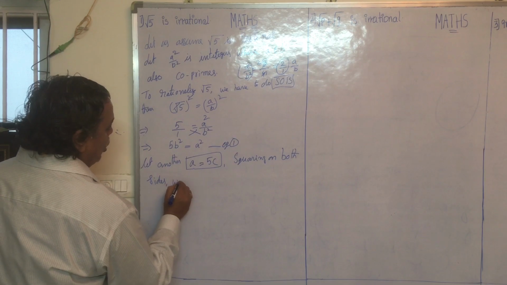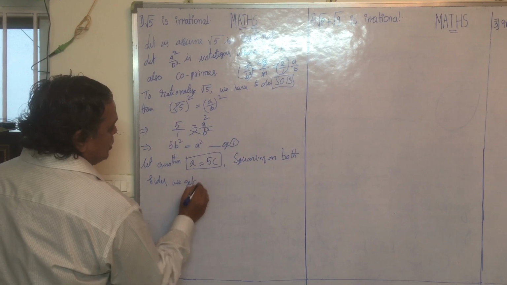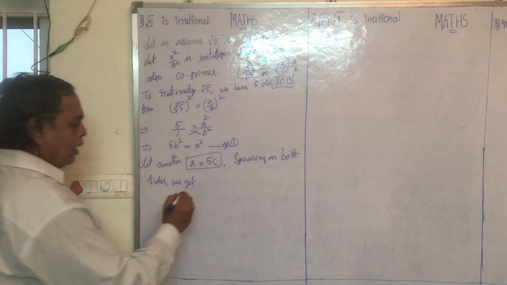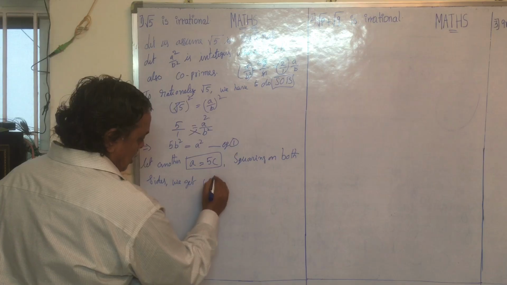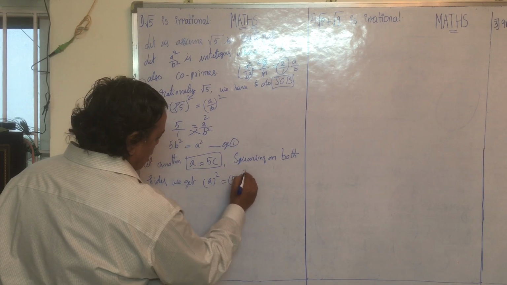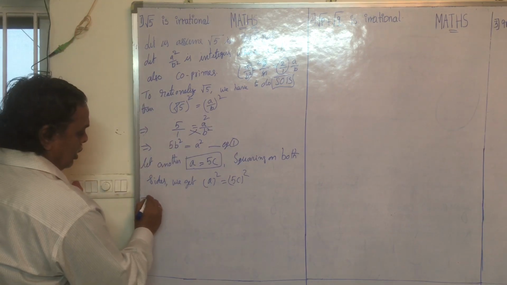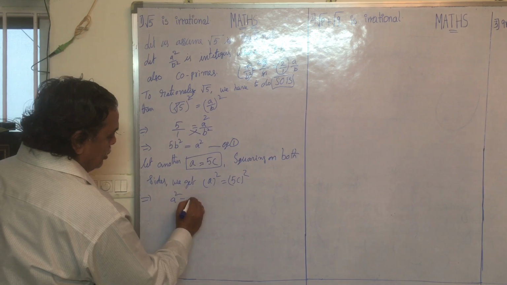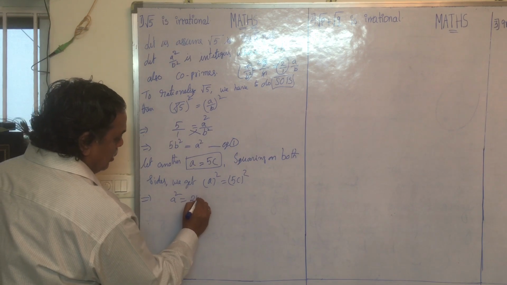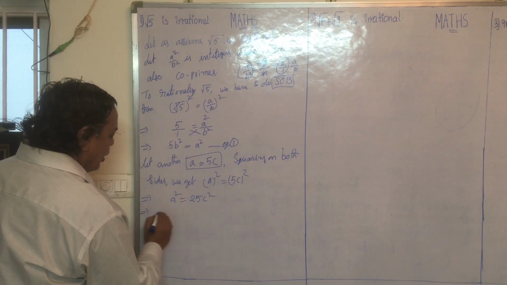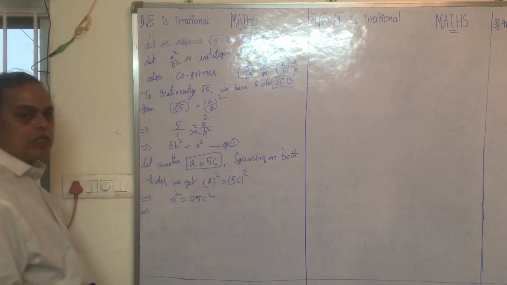Tell me. Squaring on both sides, a square is equal to 5c square. Then a square is equal to 25c square. In the place of a square, what do we get in equation 1?